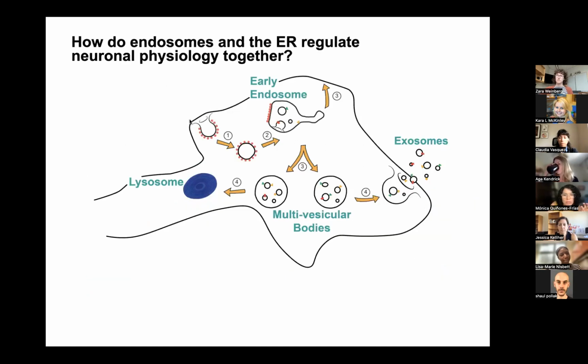The endosomal pathway initiates by the endocytosis of membrane and lipids at the plasma membrane that then form vesicles that undergo a series of maturation steps that can either lead to the degradation of endosomal cargoes through the lysosome, or fusion of these compartments with the plasma membrane and then release of these cargoes through exosomes.